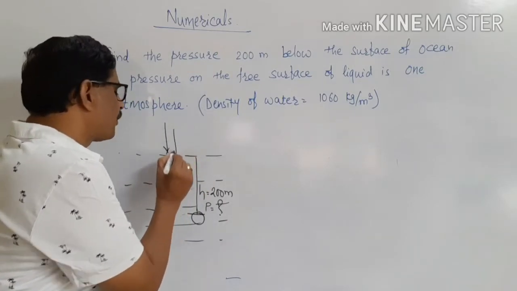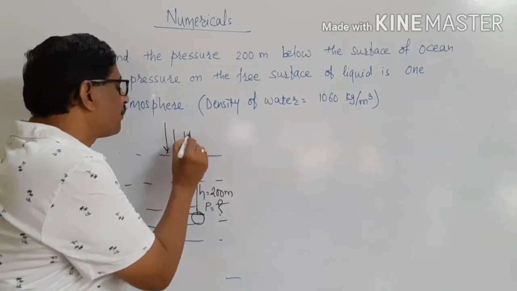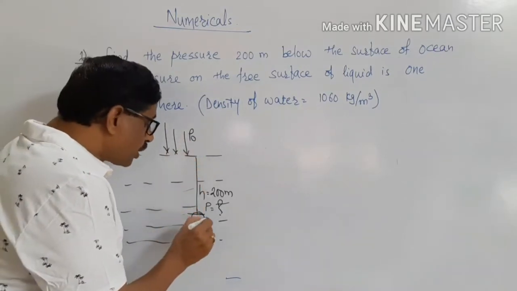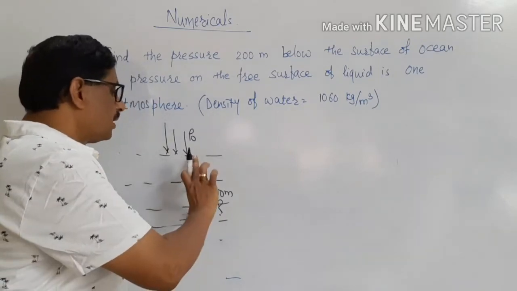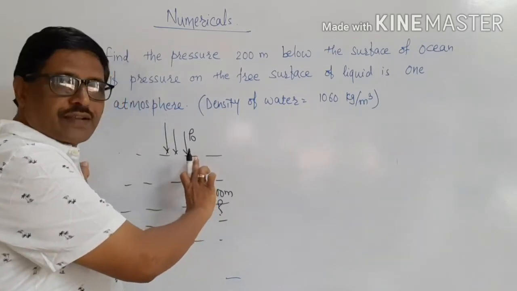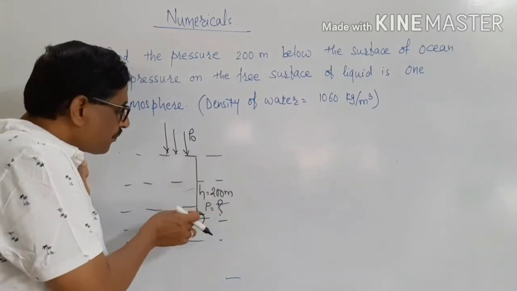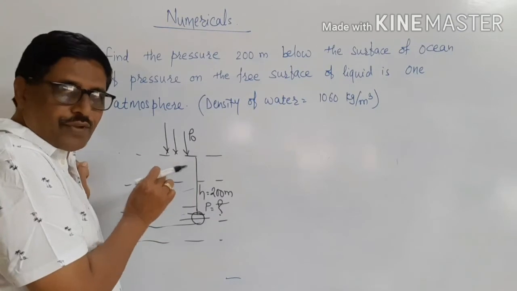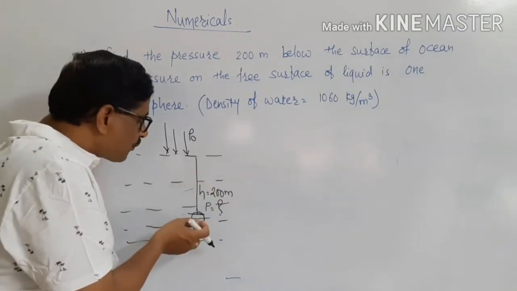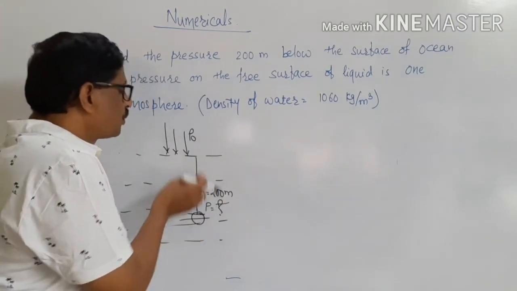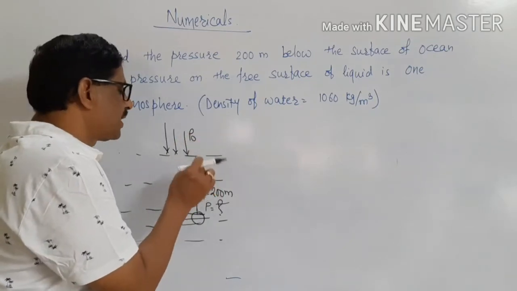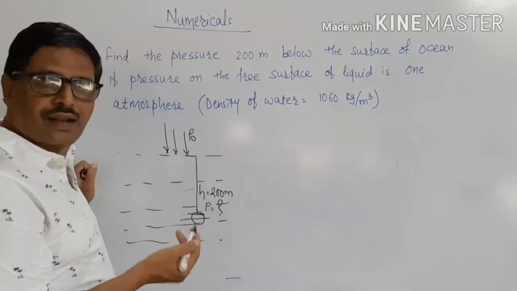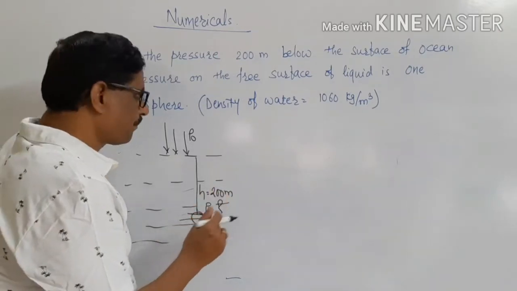the pressure on the surface, which is P0, that is atmospheric pressure, plus pressure due to the depth of the liquid column or the height of the liquid column from that point to the surface. When I say it's a height, it is from a point to the surface. When I say it is a depth, it is from the surface to the point. And the job is very simple.